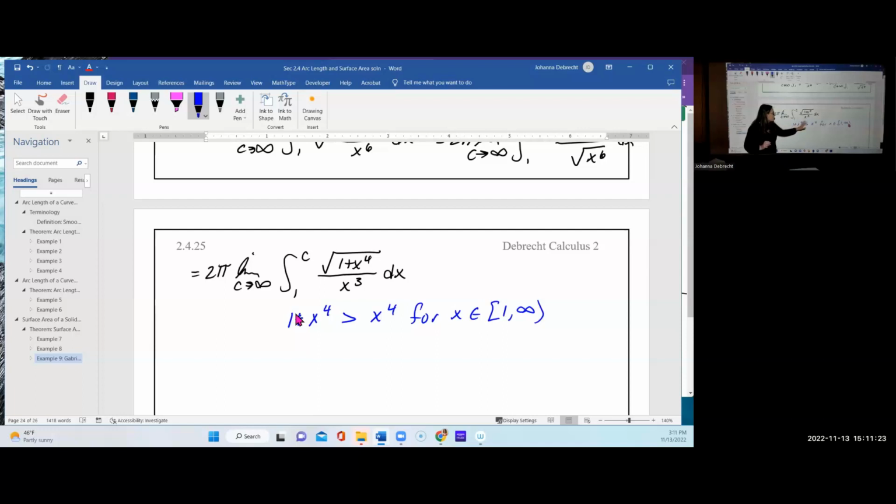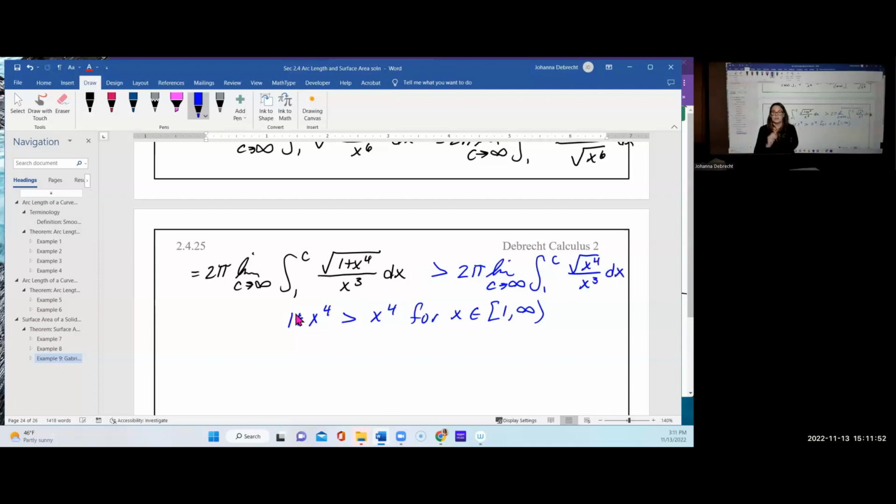Instead of evaluating this one, I'm going to evaluate one that's a little bit smaller. So this is going to be greater than 2 pi, the limit as c goes to infinity, of the integral from 1 to c of the square root of x to the 4th over x cubed dx.